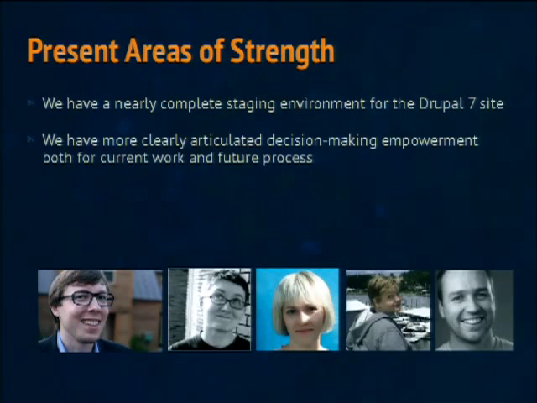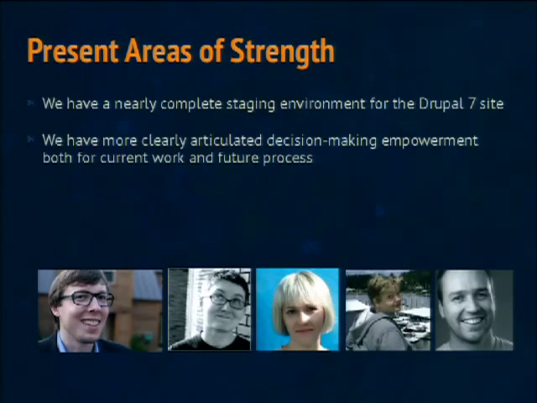Our areas of strength presently are that we actually do have a governance structure moving into place. We have that nearly complete staging environment for Drupal 7, and it's huge in terms of being able to say we feel confident about doing an upgrade to Drupal 7. I don't know where we would be if we were where we were like 3 years ago.